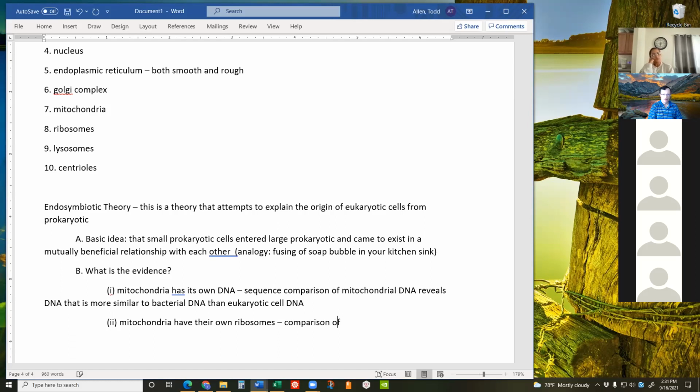Comparison of mitochondrial ribosomes reveals that mitochondrial ribosomes are more similar to bacterial ribosomes than the ER ribosomes of eukaryotic cells.